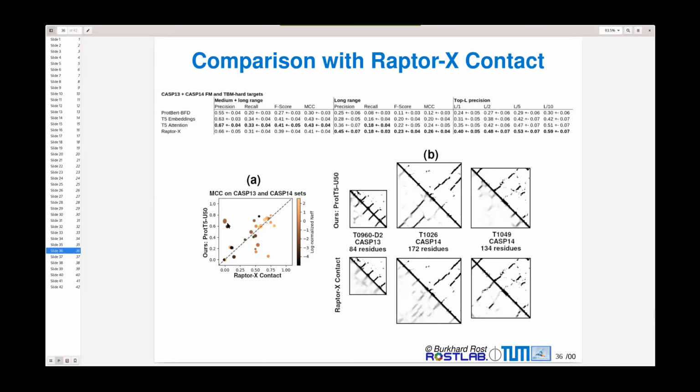For some, we perform significantly better. You see two examples here on the top row. These are our predictions. RaptorX down here. For these two here, which are more in the upper left, we gain a lot in comparison. But we also have some failure cases like this one here, which is the dot on the lower right, where our model gets it completely wrong and RaptorX is pretty good. But still, on average, we are pretty much competitive on this front.